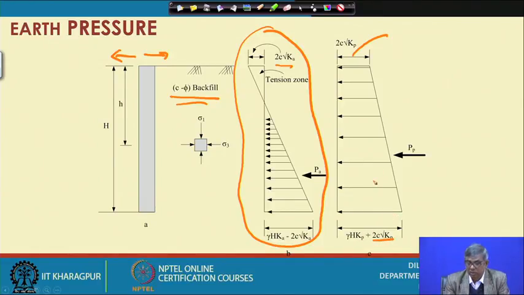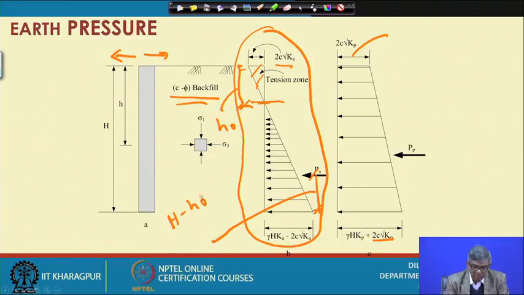So, these two things are to be remembered, and to find out the thrust you can ignore this portion, take this triangular area, find out the area of the diagram, and it acts at 1/3 of this, not the entire height of the wall. You have to find out where it is 0. So, if it becomes 0 at a height h naught, then h minus h naught will be the height, and this height divided by 3 is the point of application, whereas for this one the point of application you have to find out.